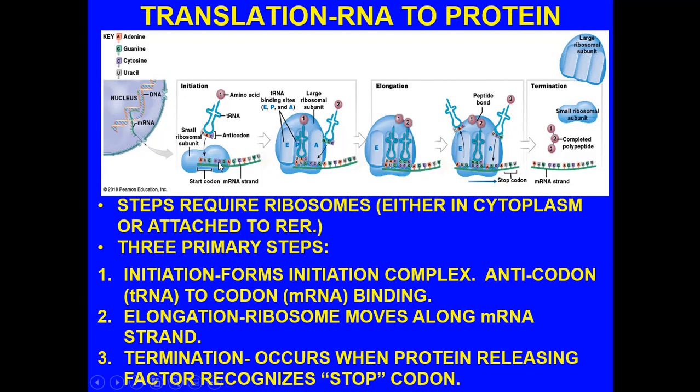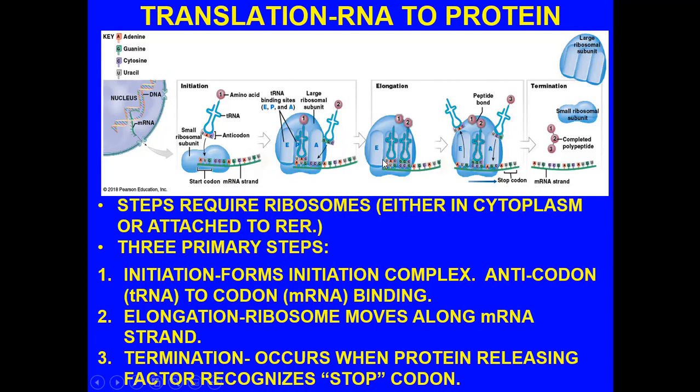The messenger RNA strand is pretty much throughout the length of it, so it starts. But before we really even get going here, we've got to also add our transfer RNA right up here with its first amino acid, and then capped on top is the larger subunit of the ribosome. Okay? So this forms the initiation complex, the anticodon from the tRNA and the codon from the mRNA bind together right there.